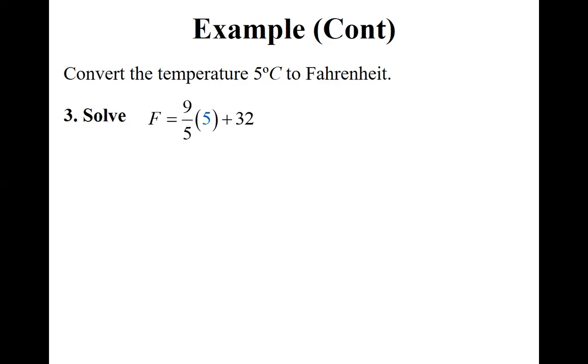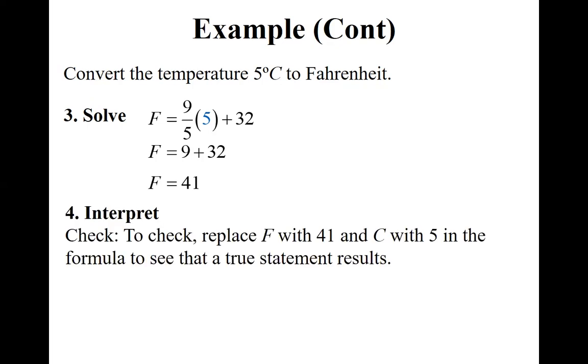9/5 times 5 is 9/5 times 5 over 1. The 5's cancel, leaving us with 9 over 1, or just 9. And then when we add the 32, we get that F equals 41. We can check that value. We do get it to check. It is correct.